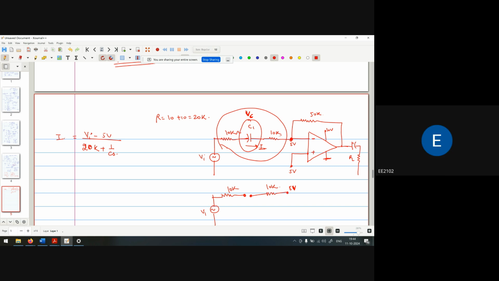No. Then how are we considering it? So we are just neglecting the amplifier here. We are not neglecting the amplifier.